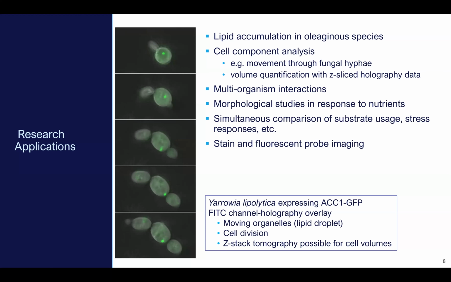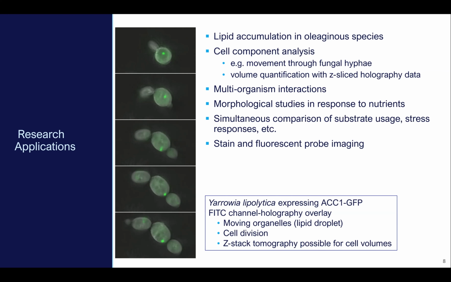You can look at multiple organism interactions, and I'll have a couple of examples. There are also possibilities for morphological studies in response to nutrients, because you can do things in parallel with different media types. So you can look at simultaneous comparison of substrate usage in different strains to look at phenotypes or stress responses.